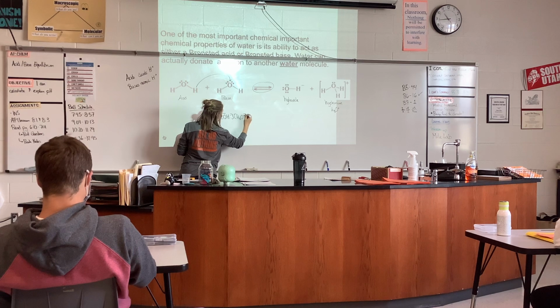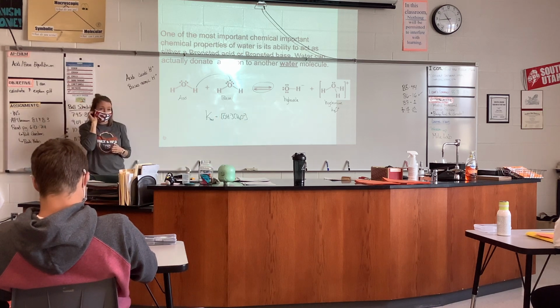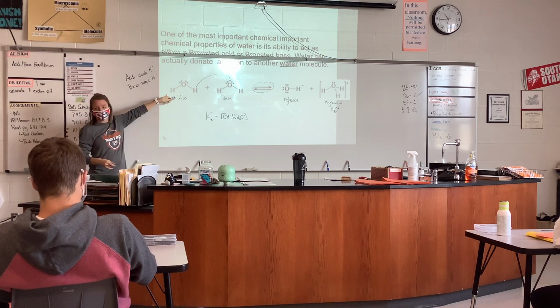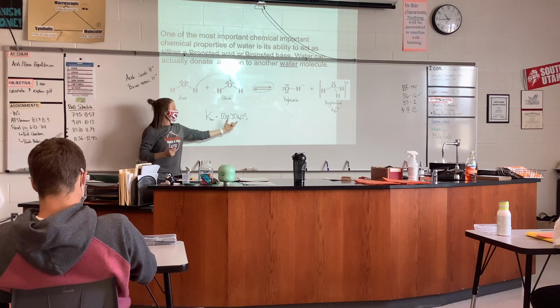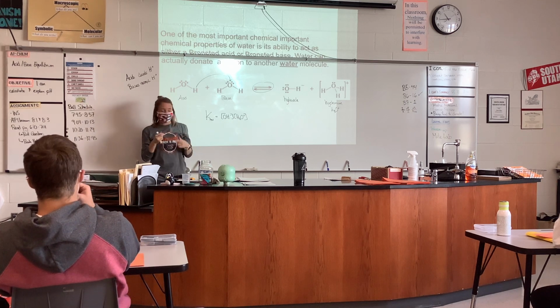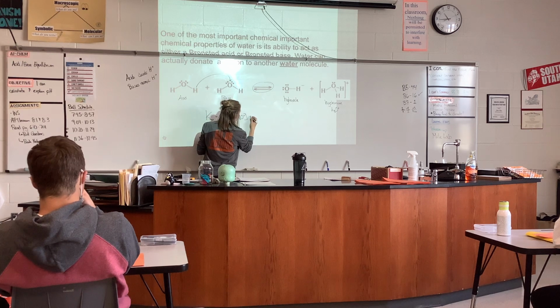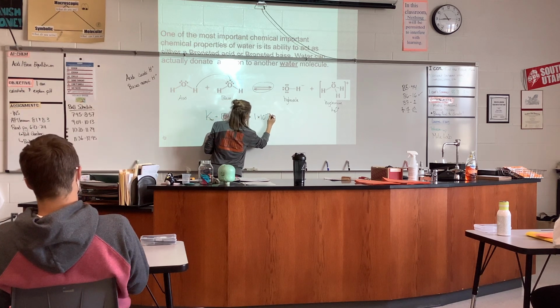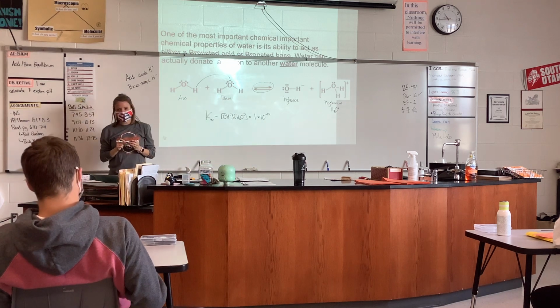Now what do we exclude from equilibrium constants? Pure solids and pure liquids, so we don't put the H2O in it. So KW just equals these. And at room temperature, scientists have found that it always equals 1 times 10 to the negative 14.